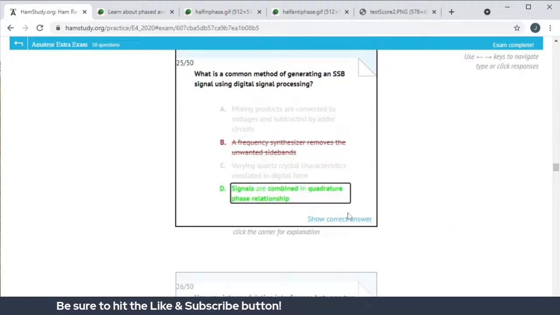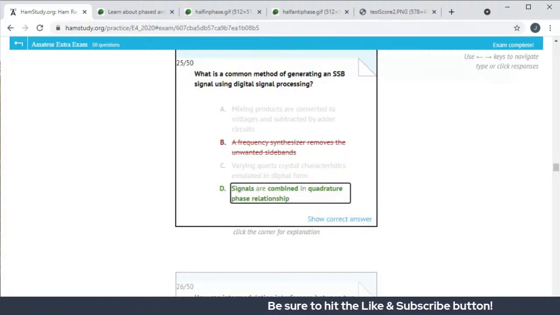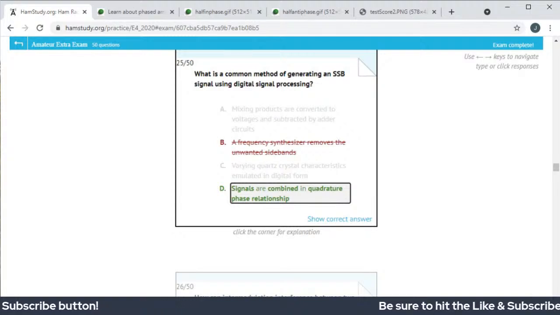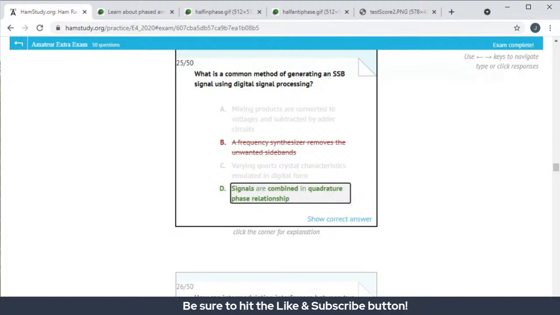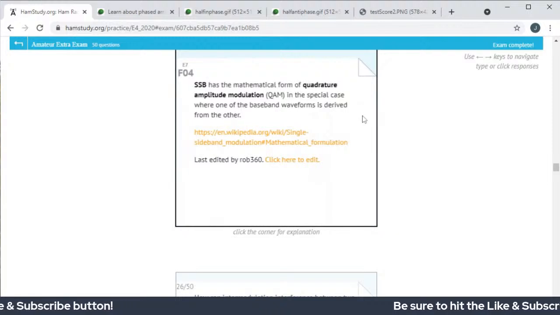So generating an SSB signal using digital signal processing: signals are combined in a quadrature phase relationship.